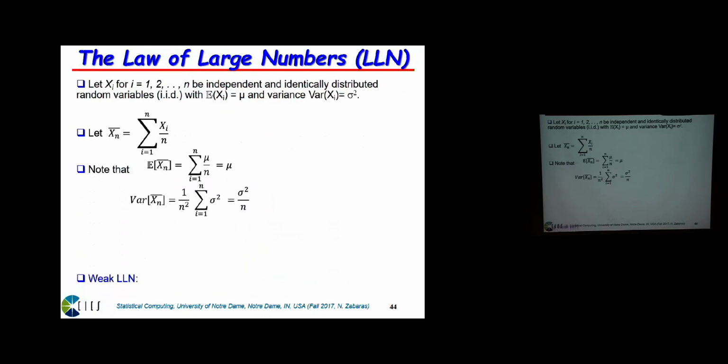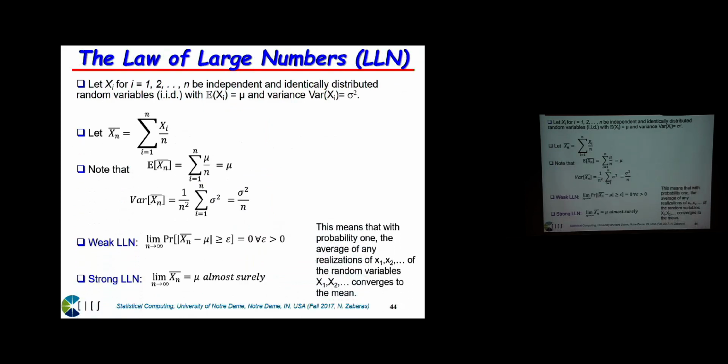Then we talked about the law of large numbers, and we gave 2 versions of it, the weak and the strong forms. What these 2 equations basically say is that as n goes to infinity, and I should have used a capital N here to follow the notation we had before, but it's okay.